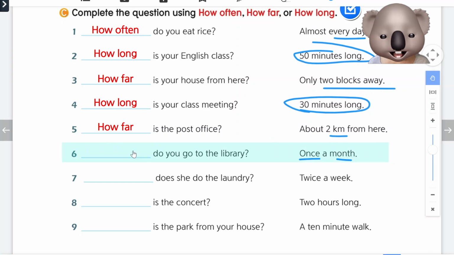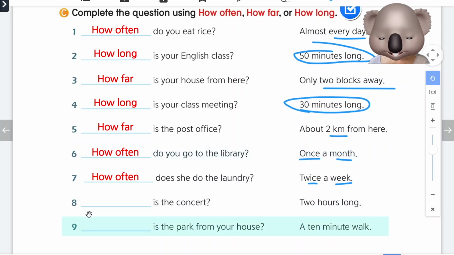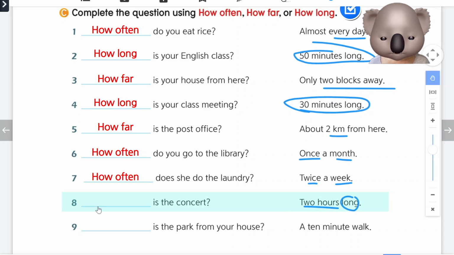얼마나 자주? How often? Number 7, does she do the laundry? Twice a week. 일주일에 2번. 이것도 얼마나 자주? How often? Number 8, is the concert? 2 hours long. 시간에 대한 질문.